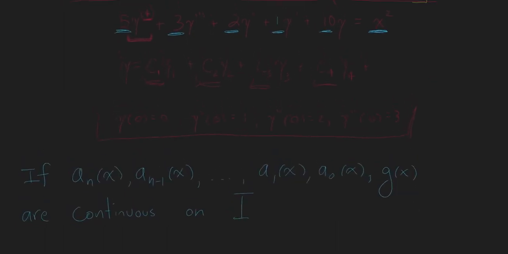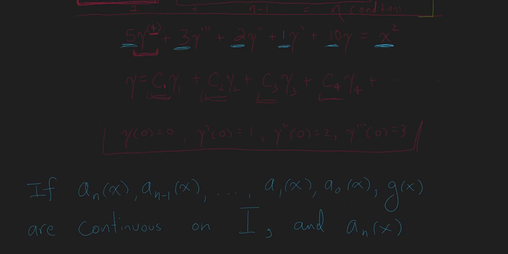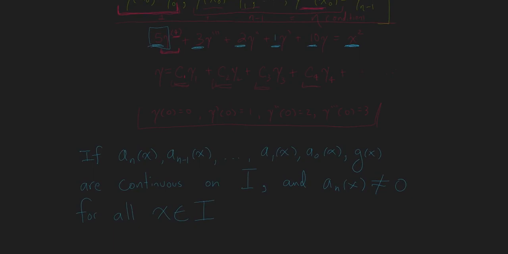If all of them are continuous on that interval I, and a sub n of x, in other words, the leading coefficient or the coefficient of the highest order derivative, in this case that would be 5, and a sub n of x does not equal 0 for all x in I, meaning in the interval that we choose, in this case, if we chose negative infinity to infinity, then a sub n of x could not equal 0 for all x in that interval.